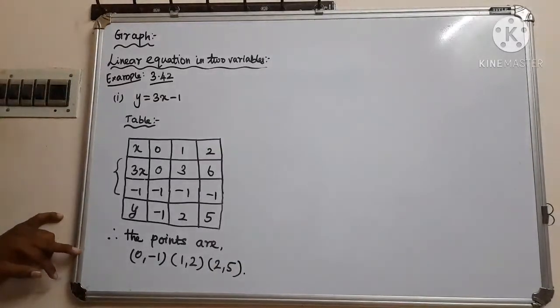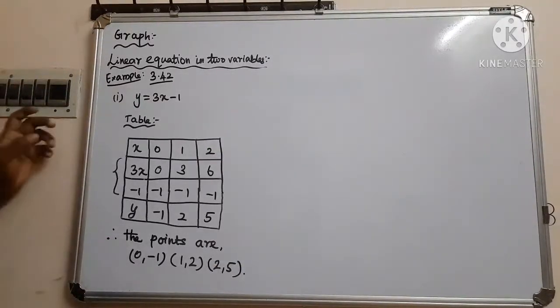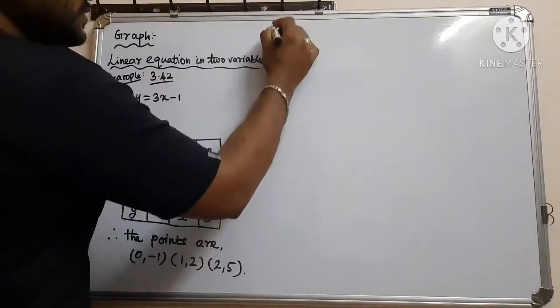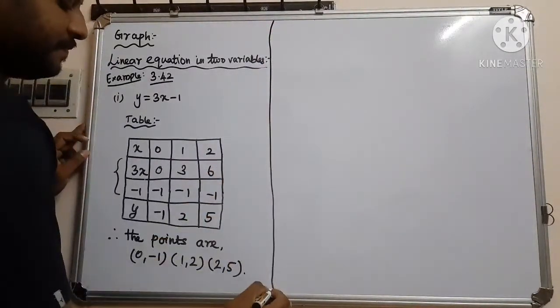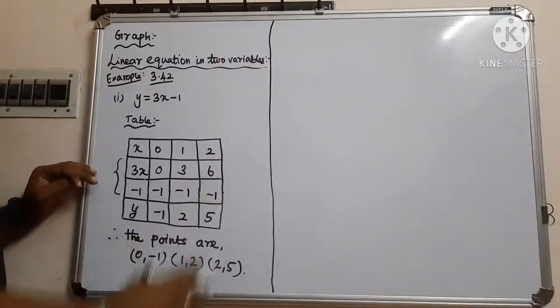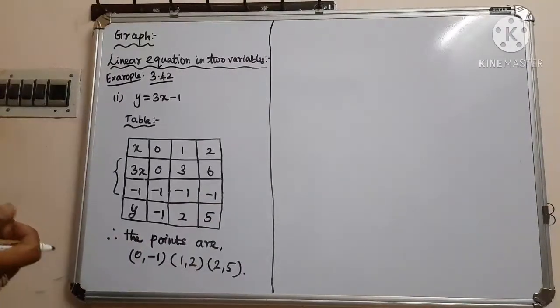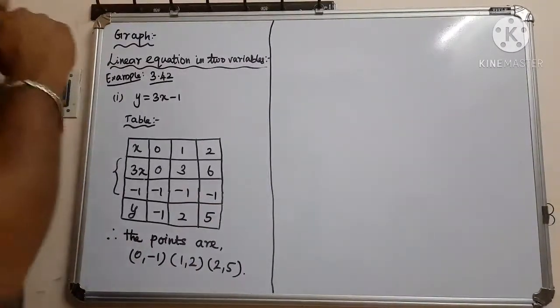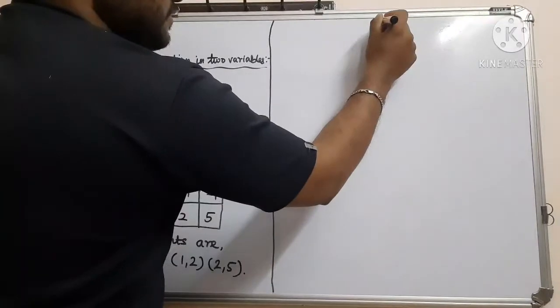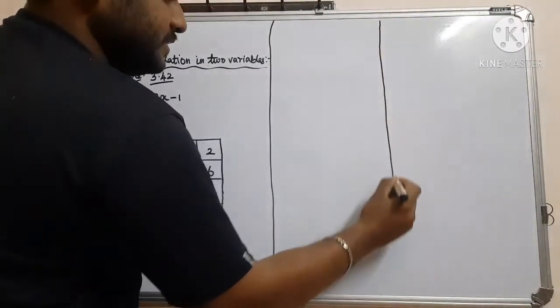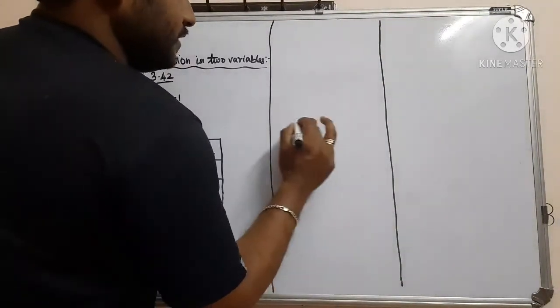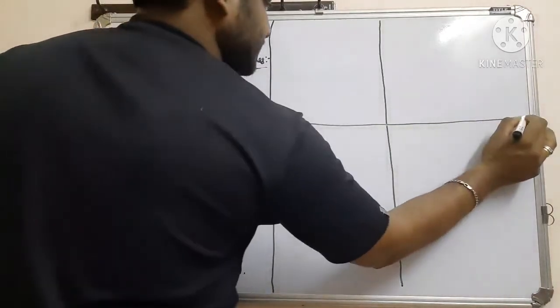These 3 points we are going to draw in the graph. This should be written in your graph note only. In the graph you have to draw the center line, the x-axis and y-axis.